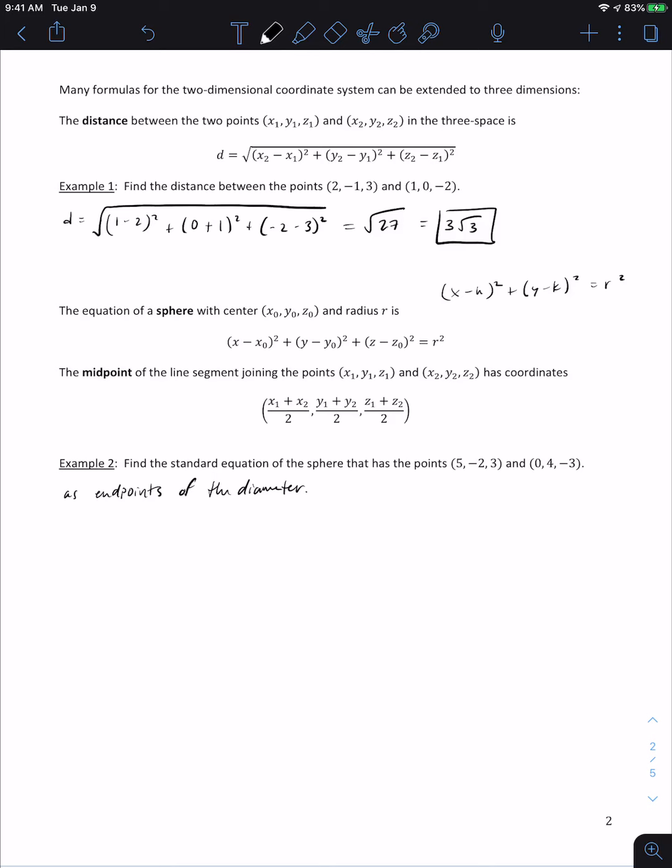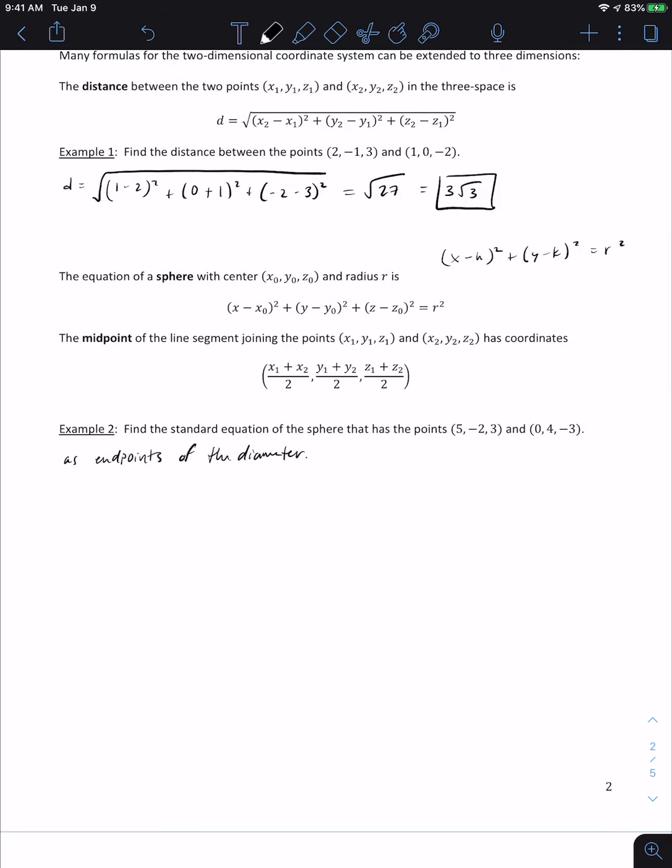And that's important because now, in order to find the equation of a sphere, we need the center and the radius. So we can find the center by finding the midpoint between these 2 points, right? So we need to find the center, and how we're going to do that, it's going to be the midpoint between the 2 given points, 5, negative 2, 3, and 0, 4, negative 3.